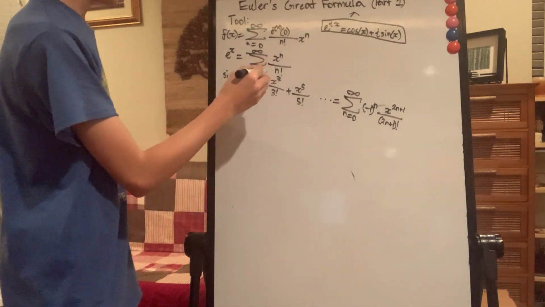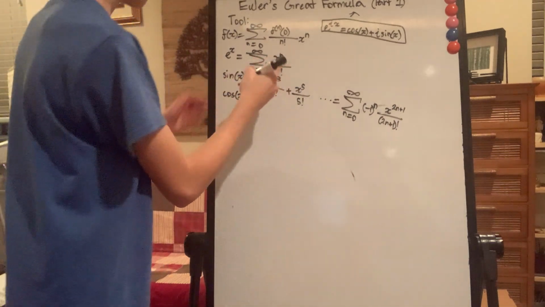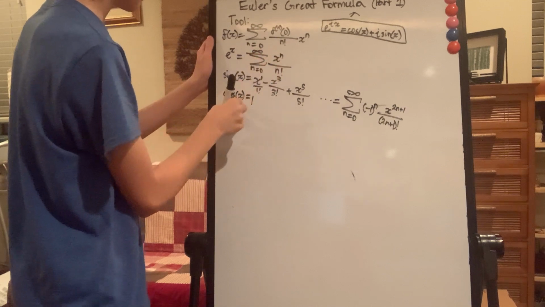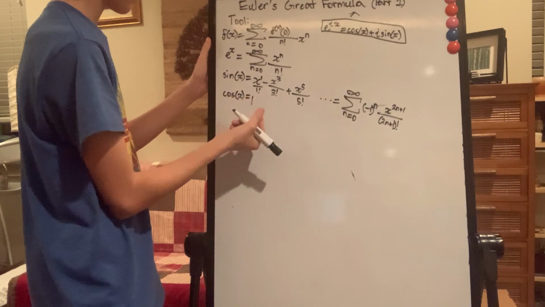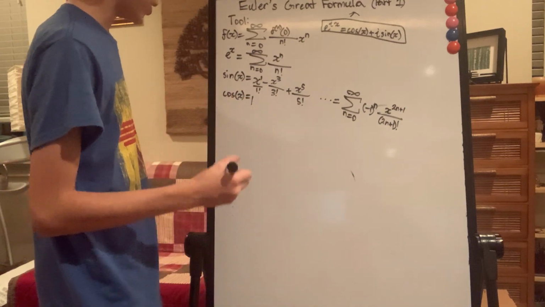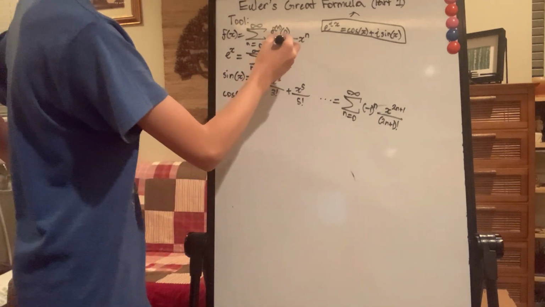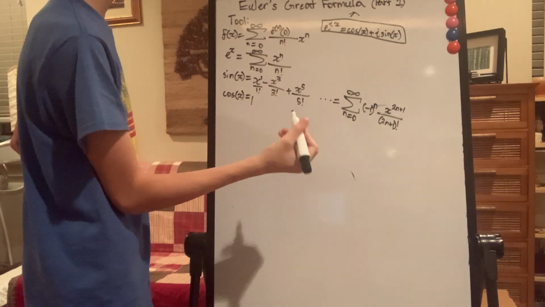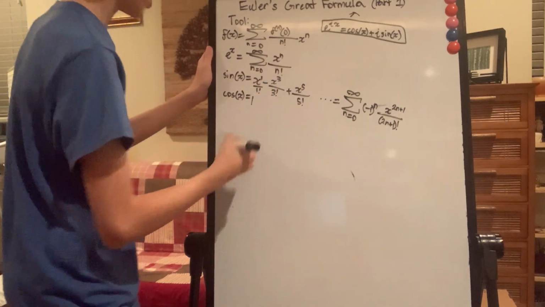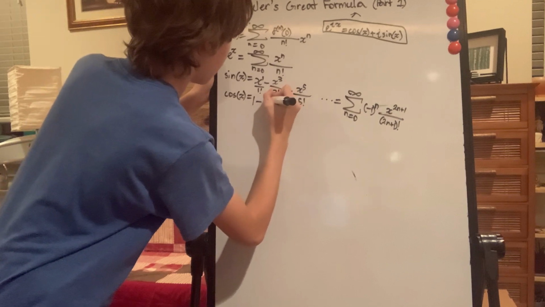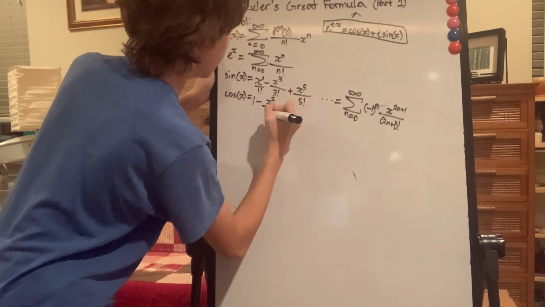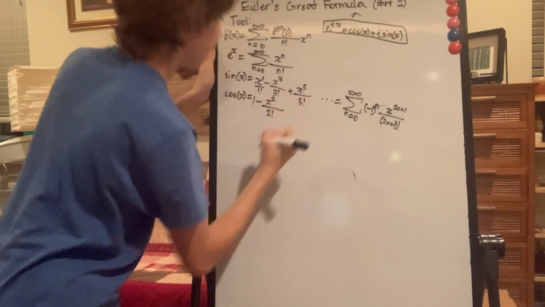For n equals 2, the second derivative is minus cosine of x, so at 0 that's minus 1, and we get minus x squared over 2 factorial.